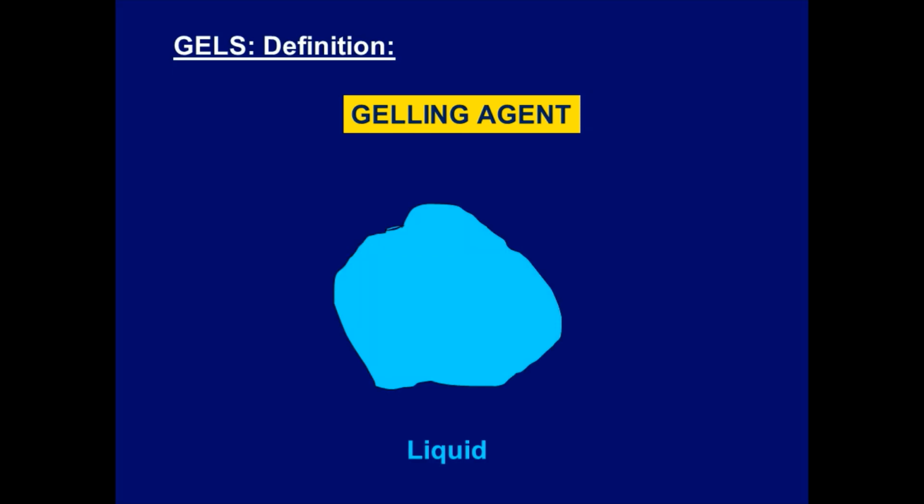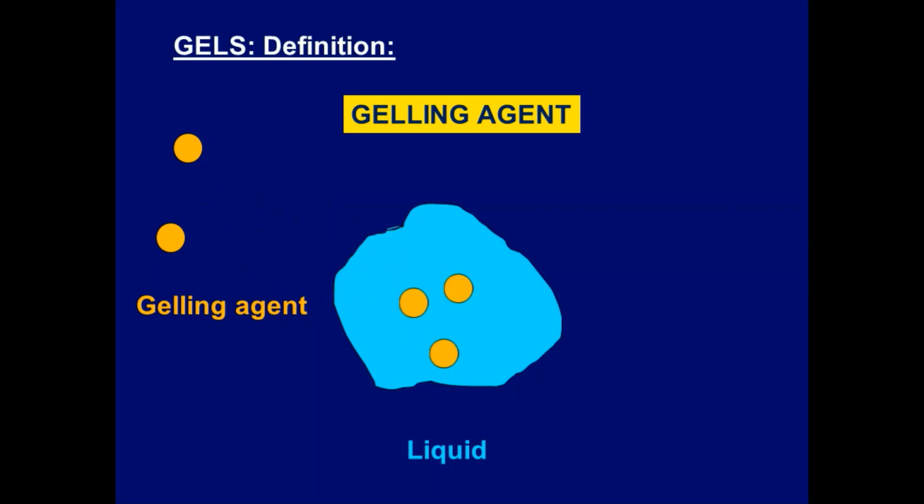What is a gelling agent? If you have this liquid, then you add the gelling agent, which is a polymer, to this liquid.